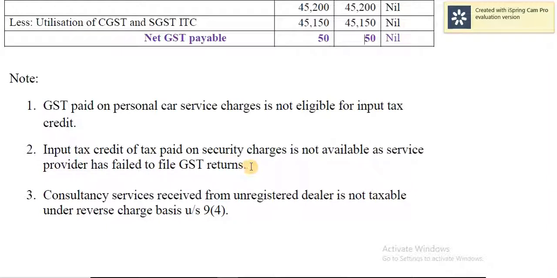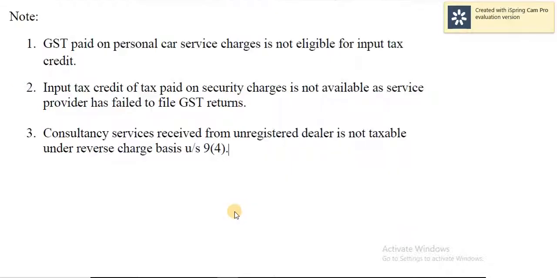Only if the supplier has filed the GST returns will the receiver of the goods, the dealer, get the input tax credit, otherwise not. Consultancy services received from an unregistered dealer is not taxable under reverse charge basis under section 9 subsection 4. Okay, thank you.